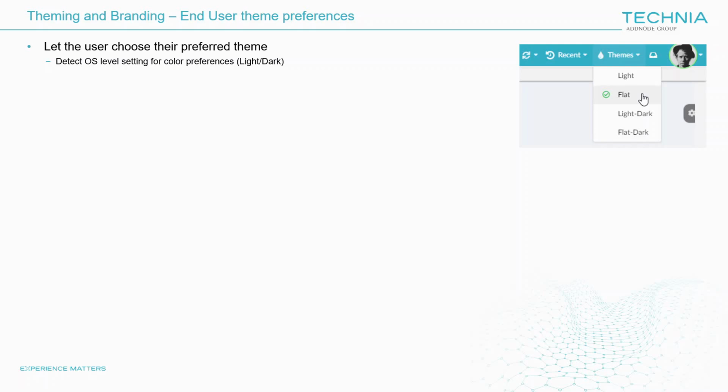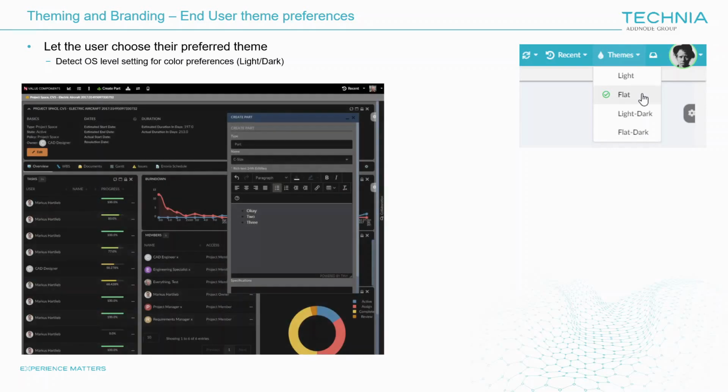We enable a functionality to provide users with a theme choice, and then also whether they want to invert the color palette onto a dark mode of the theme. We can detect this from their device setting on Windows or Android or iOS, whether they generally prefer dark coloring, and then we can apply it automatically. And we can also let the users have the choice whether they want to do that. So this is a feature that you can enable if you want end users to be able to make the final decision.